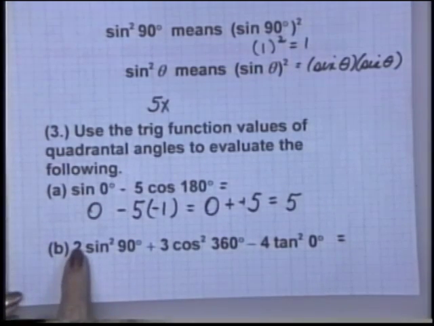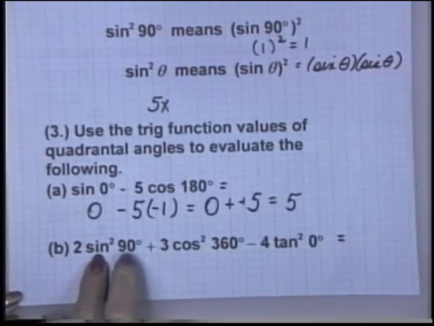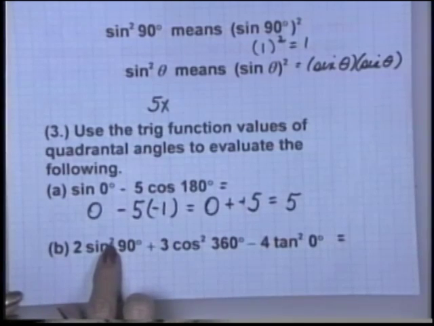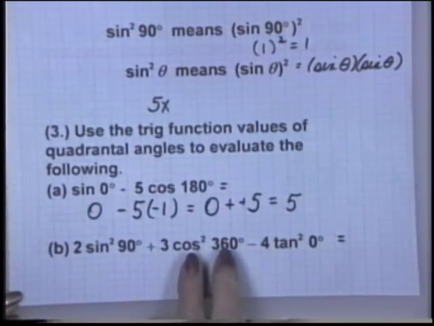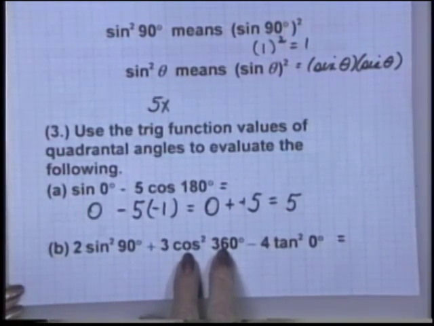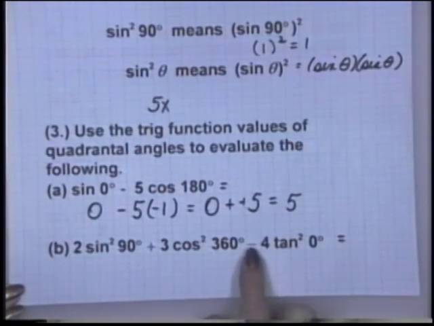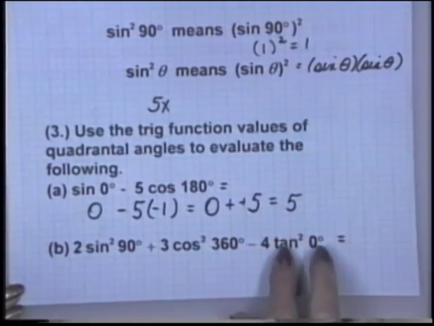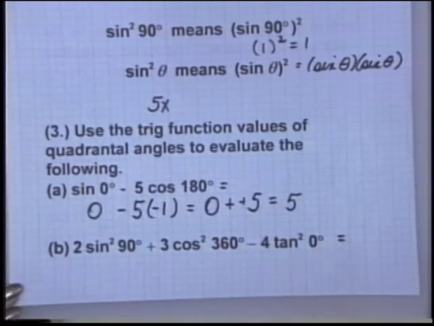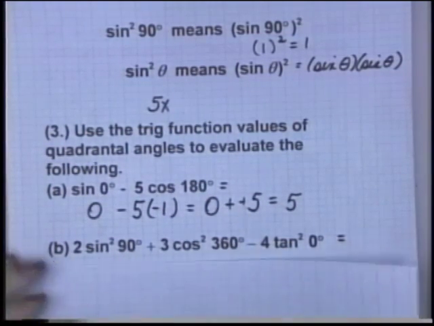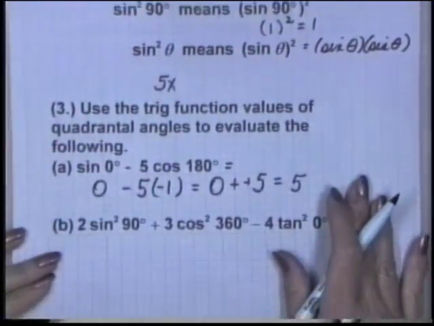This means 2 times the sine of 90 degrees squared plus 3 times the cosine of 360 degrees squared minus 4 times the tangent of 0 degrees squared. I think since we're beginners that I will just rewrite this.